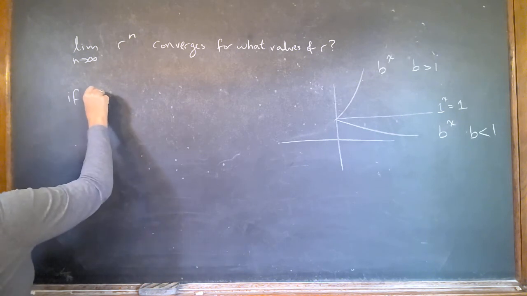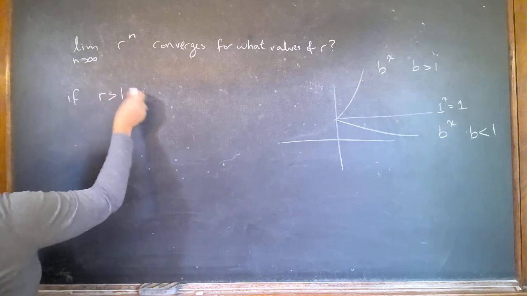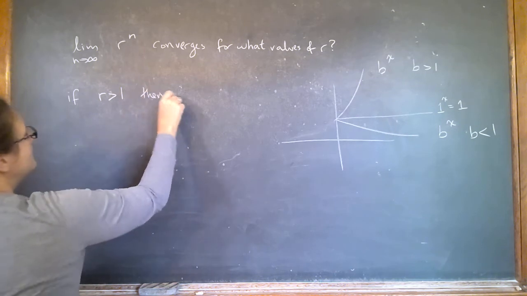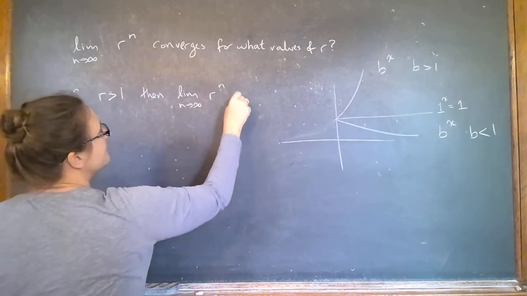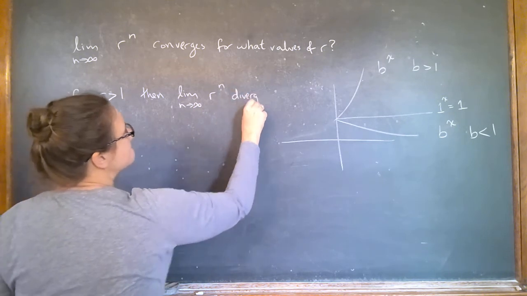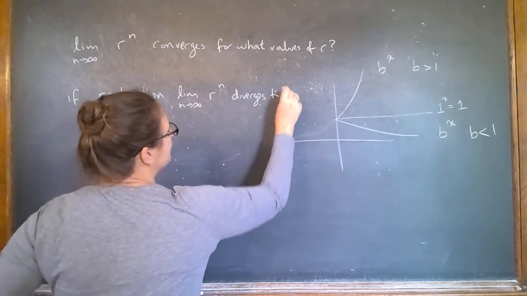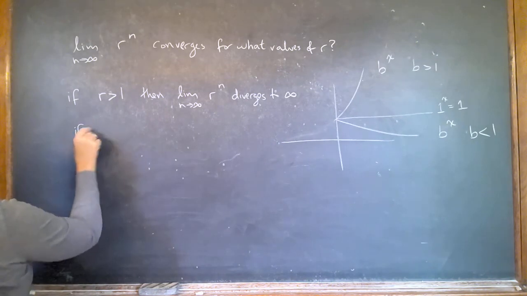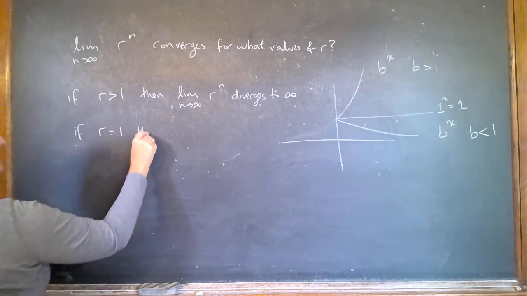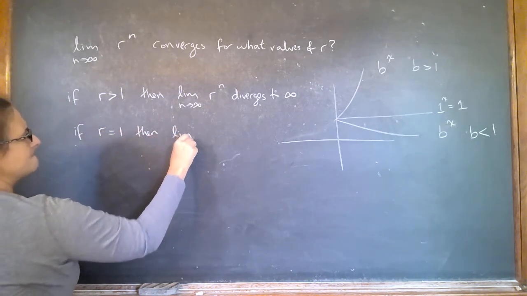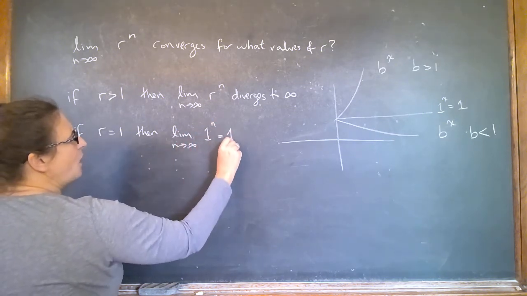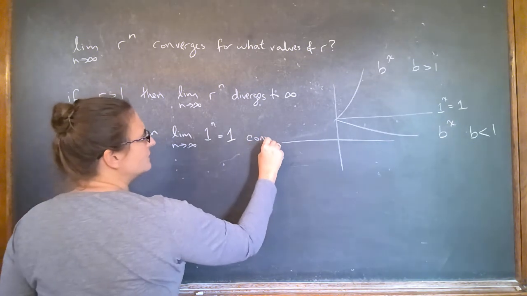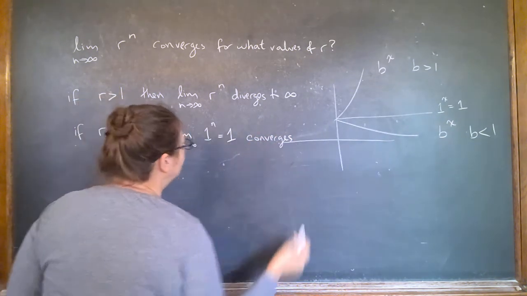If r is greater than 1, then the limit as n goes to infinity of r to the n diverges to infinity. Okay? If r equals 1, then what do we have? We have 1 to the n, so this is 1, so it converges, right? It converges to 1. It's always 1.